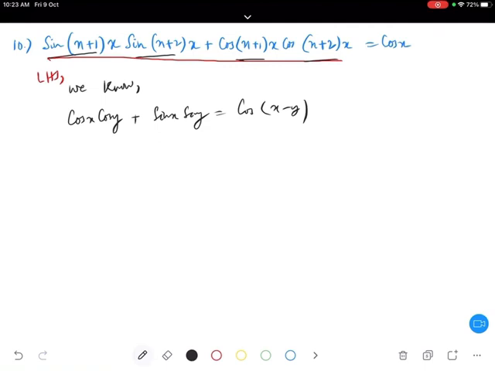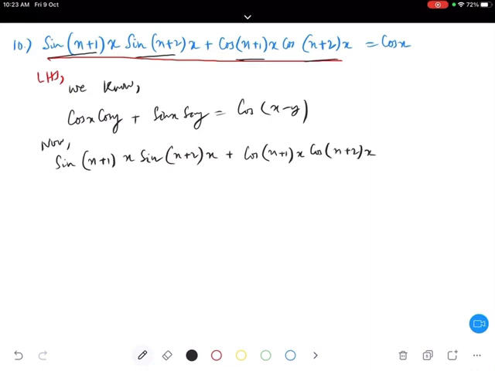Okay. So now what we have is sine of n plus 1 x sine of n plus 2 x plus cos of n plus 1 x cos of n plus 2 x, that is equal to what?